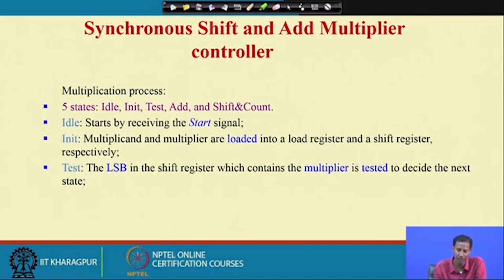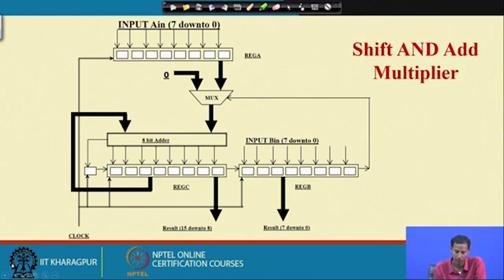And in the initial case, the multiplicand and the multiplier are loaded into the load register and a shift register respectively. That means what? In this case, whenever the initial signal is high, the A in and the B in will be loaded into two corresponding registers.